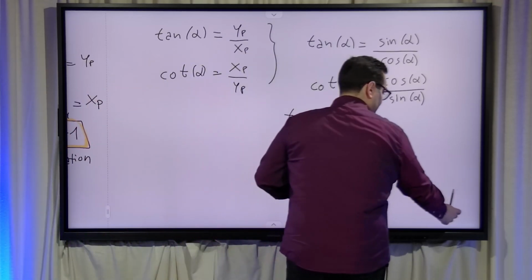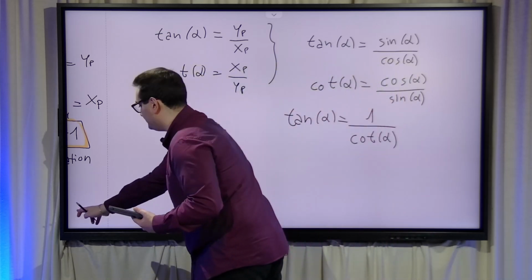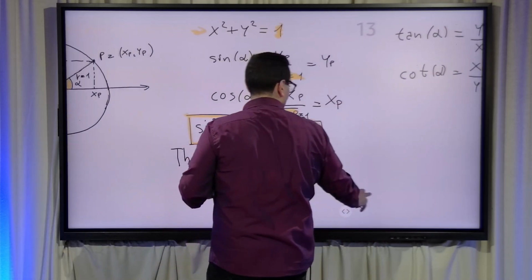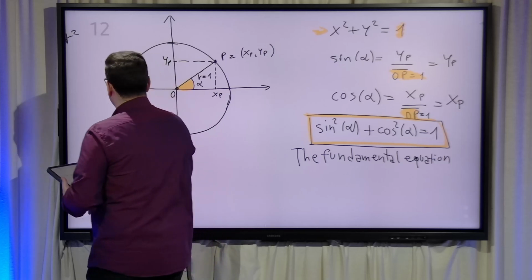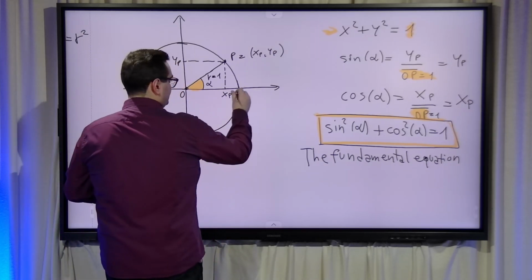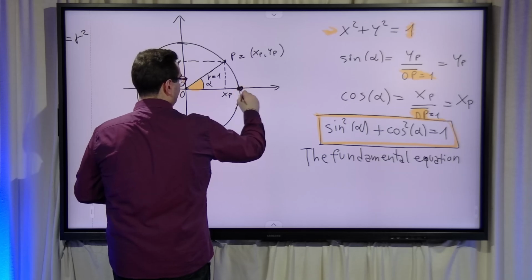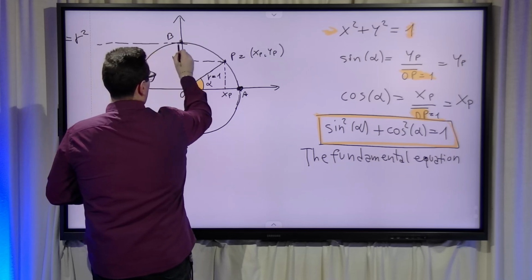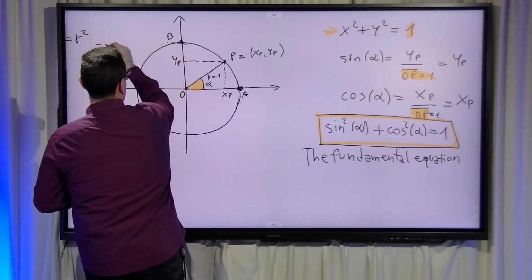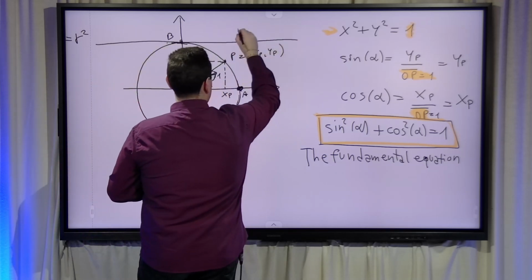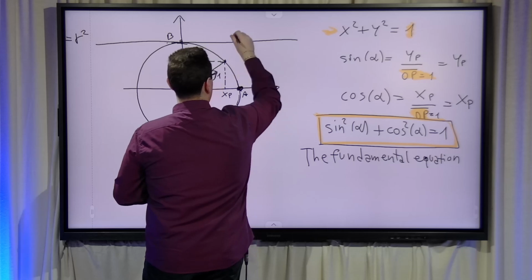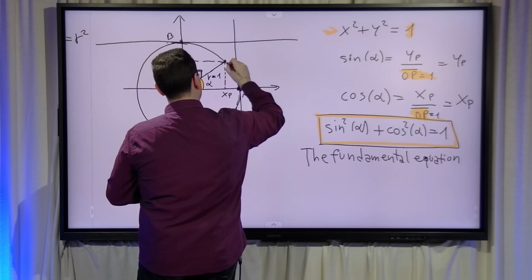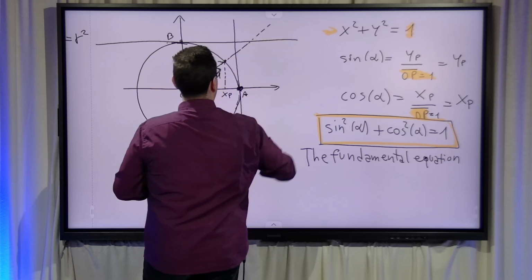Okay, but let's draw what is the tangent and the cotangent of the angle alpha. Let's consider again this circle. If I say that this is the point A and this is the point B, I draw a straight line that passes through these two points.